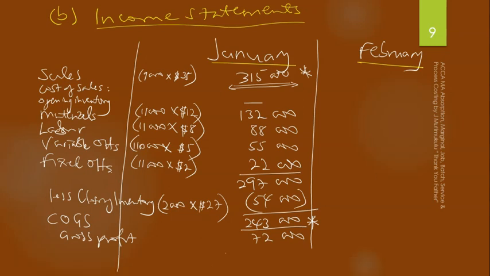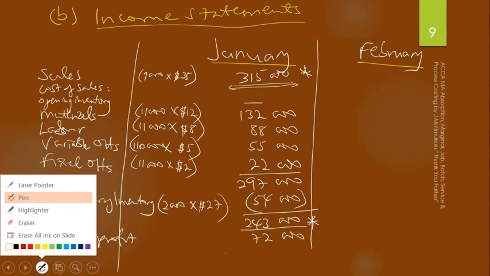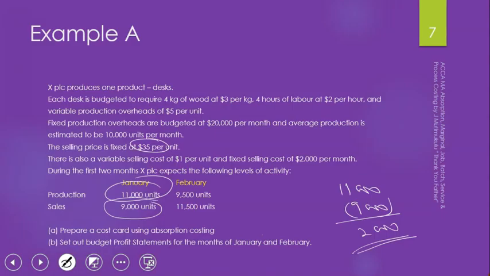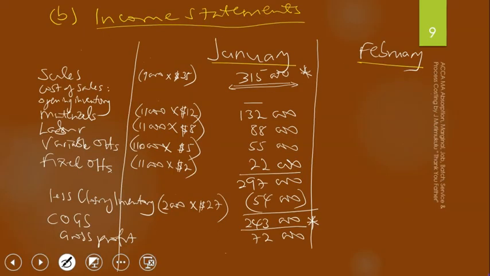But ladies and gentlemen, I want you to see something here. According to our budget, we had budgeted to incur $20,000 of fixed production overheads per month, but we ended up absorbing 22,000 fixed overheads.